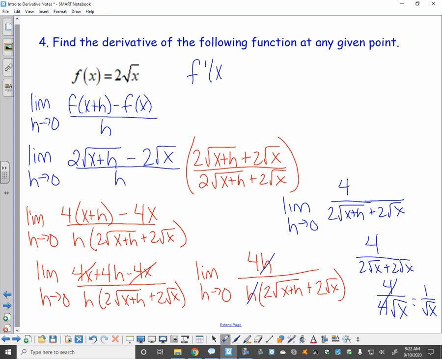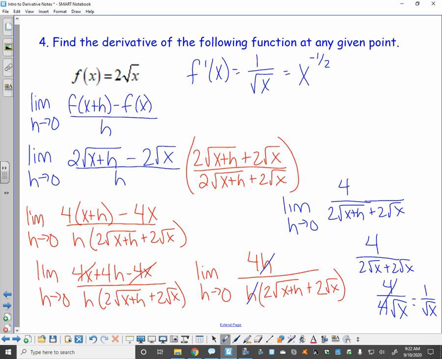So f prime of x equals 1 over root x. Incidentally, which also could be written as x to the negative 1/2, just to remind you of that, because that's going to come into play next class.